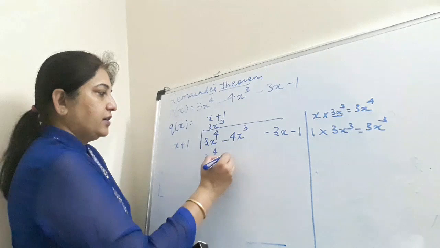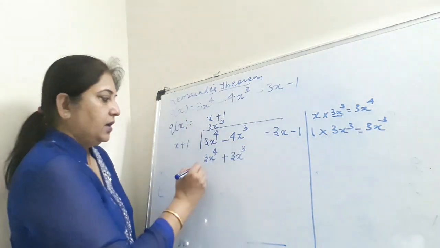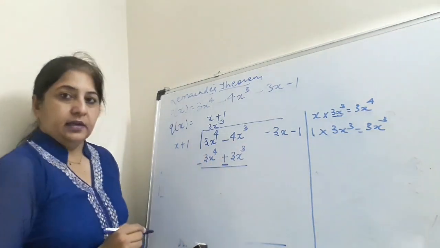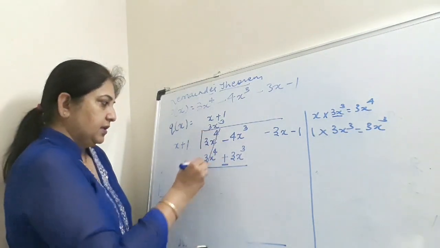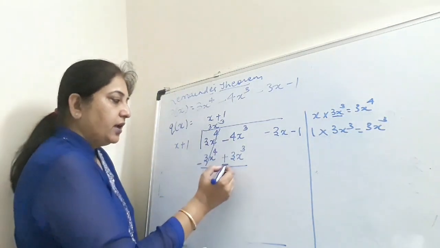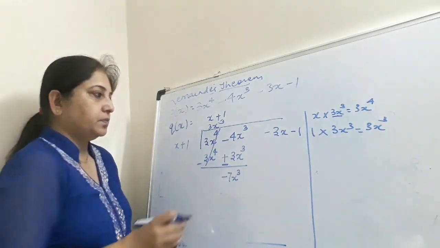So I am writing 3x cube under minus 4x cube, right? Now I draw a line, I subtract, changing the sign. This term will cancel. Minus 4x cube and minus 3x cube will give me minus 7x cube, okay?